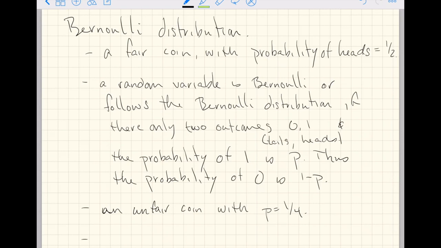Okay, but we can have more exciting examples, like a randomly selected tomato seed is implicitly a Bernoulli random variable if we're interested in whether or not the seed will germinate.